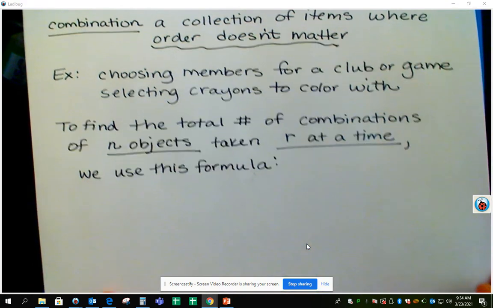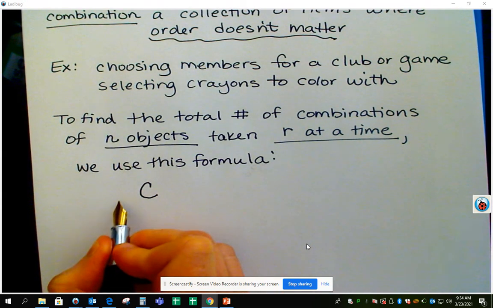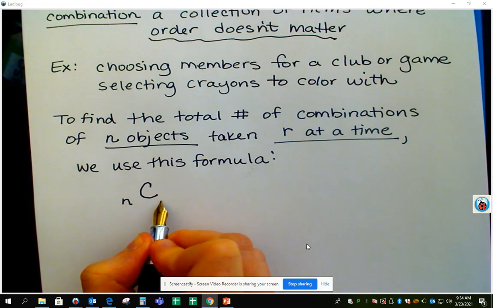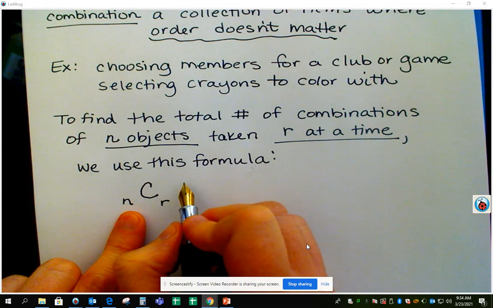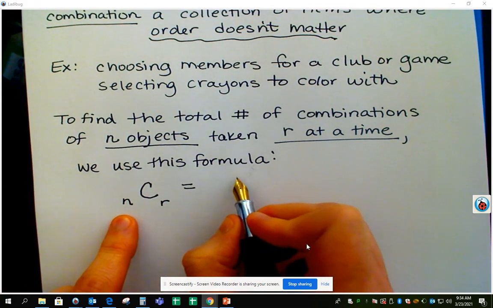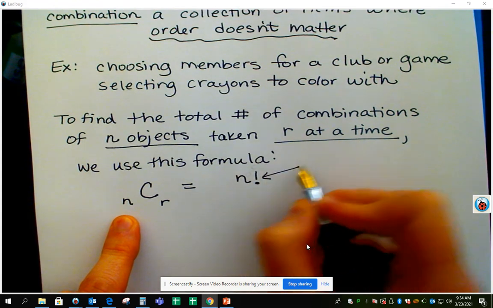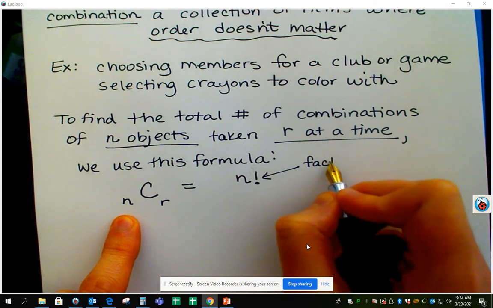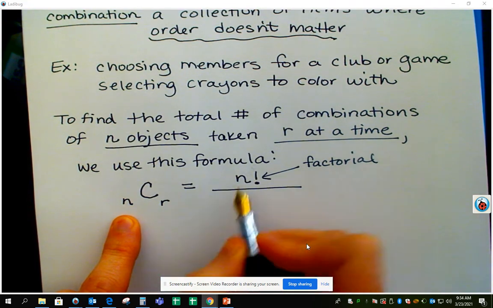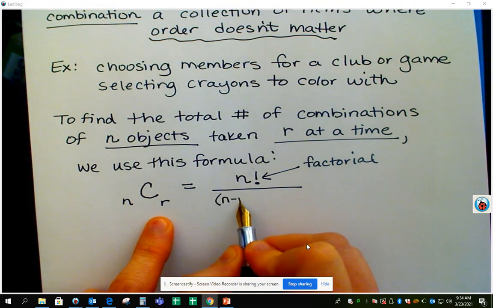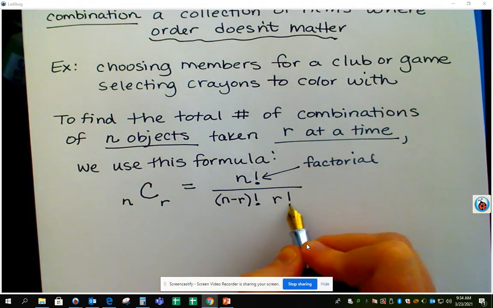Okay, so the beginning of it is just saying taking a combination of items, n items, taken r at a time. You don't have to do any math with this. This is just how you write this part. You will take this number, and this is called a factorial, this exclamation point, over, divided by, n minus r factorial times r factorial.